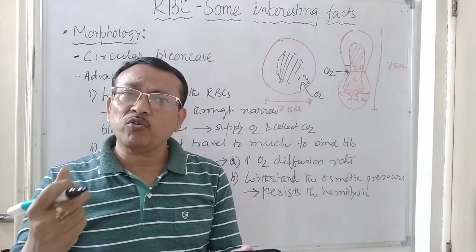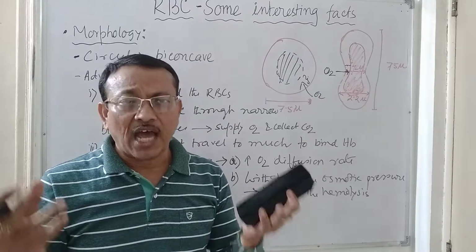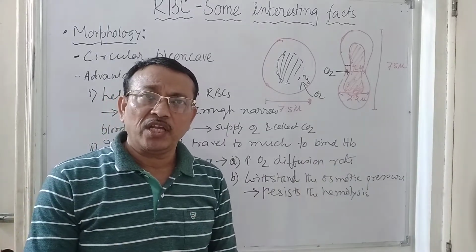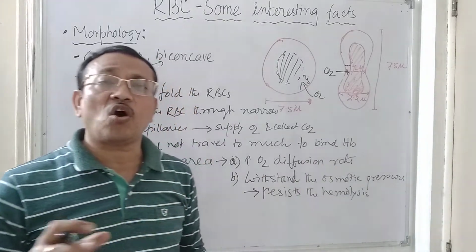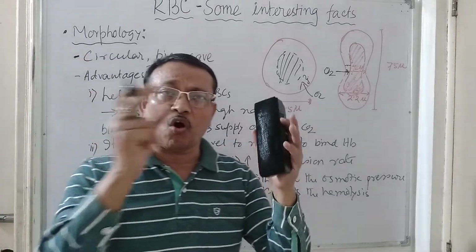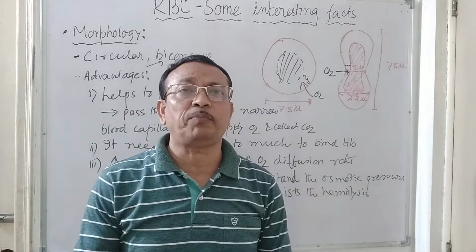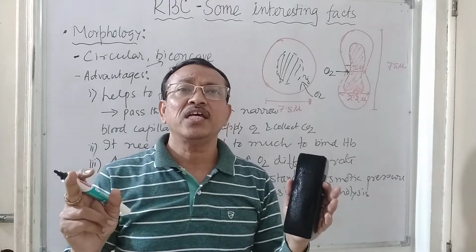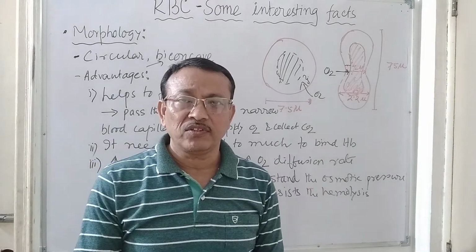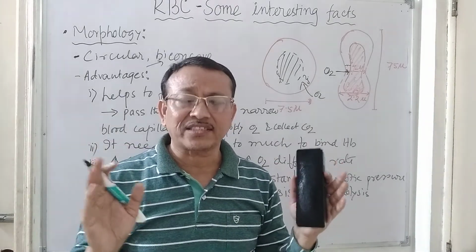It will again come back to its original diameter, that is 7.5 micron, because the RBC has another protein on its cell membrane known as spectrin. So spectrin is the elastic protein.